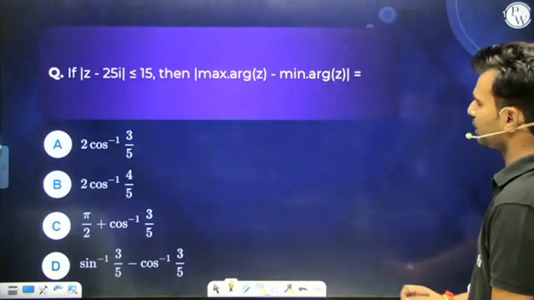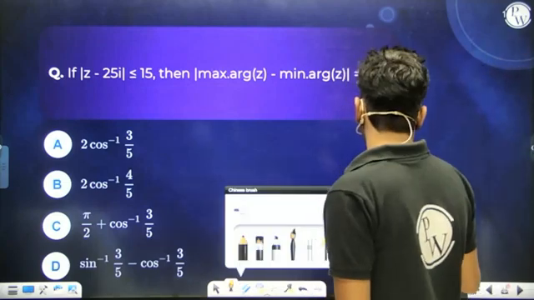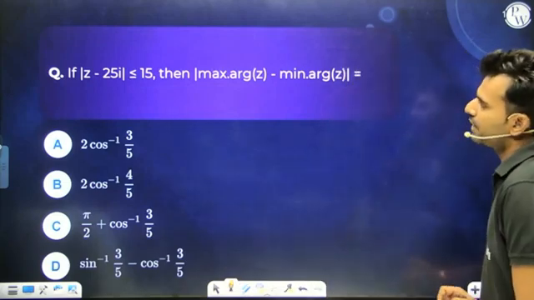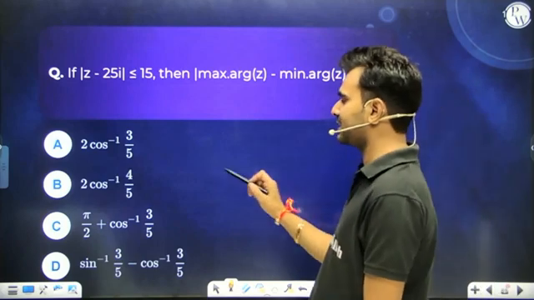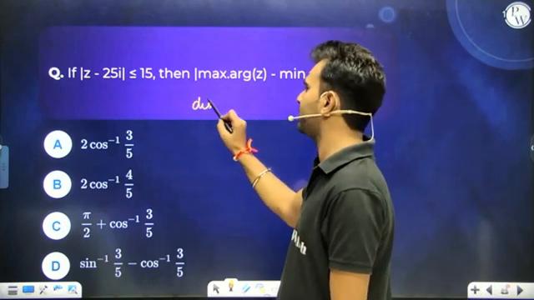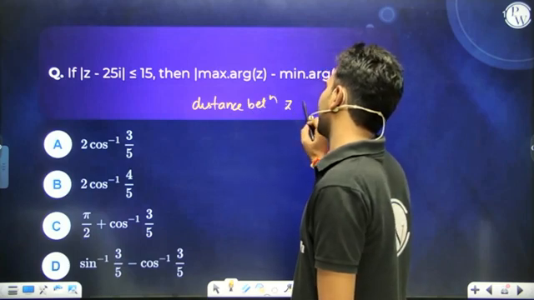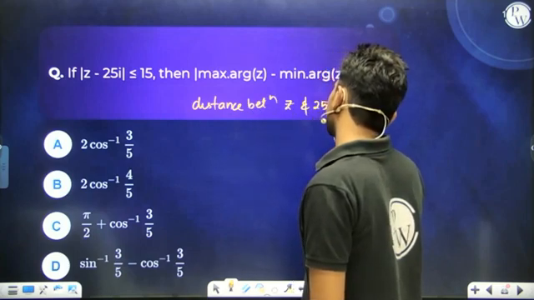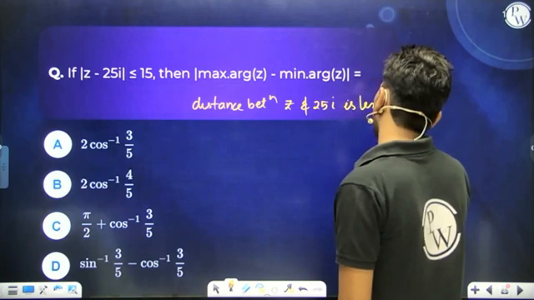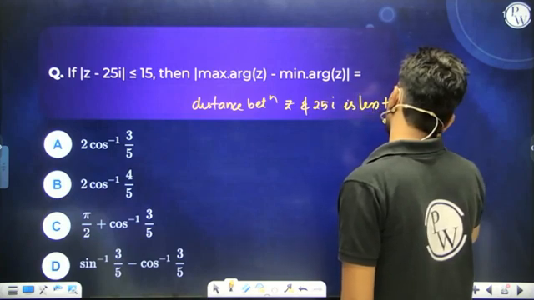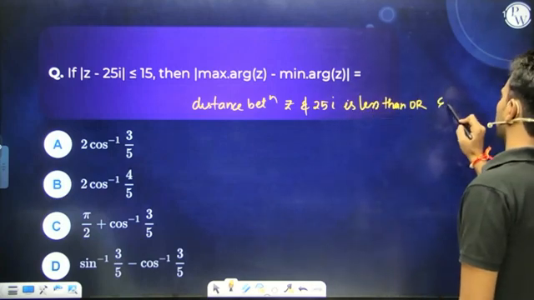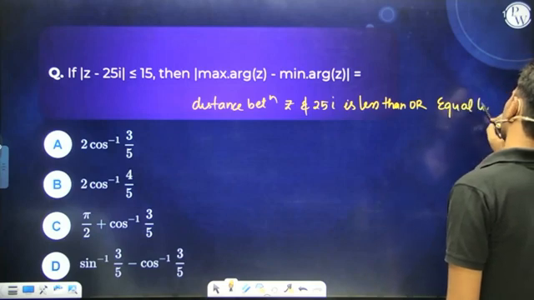Okay. Talking about this, modulus of z minus 25 iota is less than or equal to 15. Now understand, the distance between z and 25 iota is less than or equal to 15 is the expression given to you.